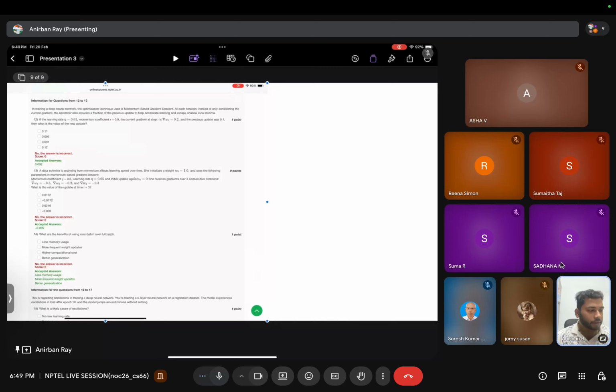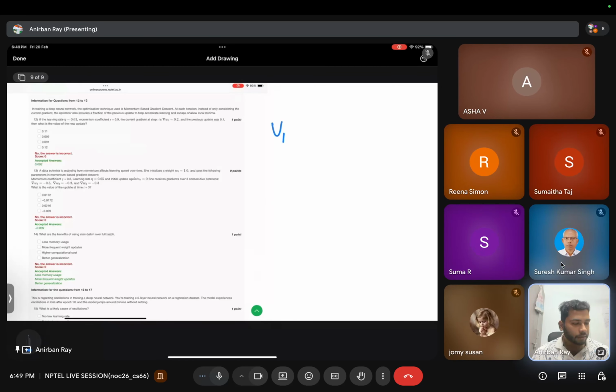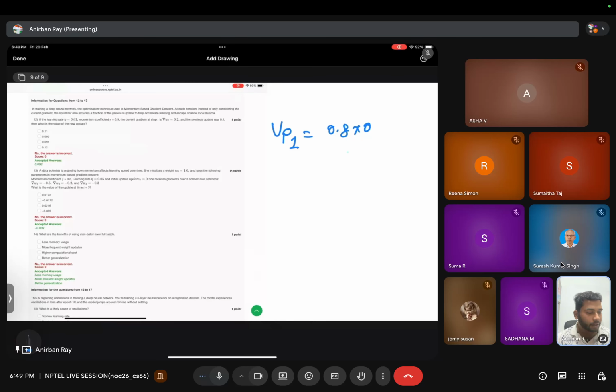So first, update 1 will be alpha times update 0, the momentum coefficient times update 0. Update 0 will be 0 at first, plus the learning rate, 0.05, into gradients, so it is minus 0.5.